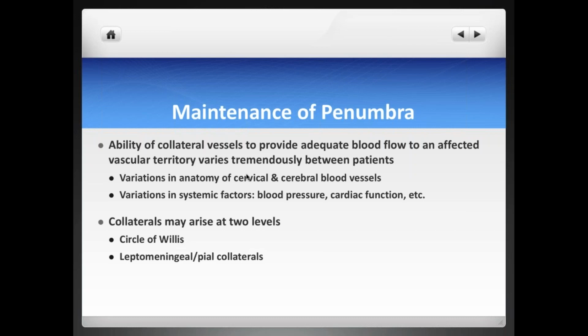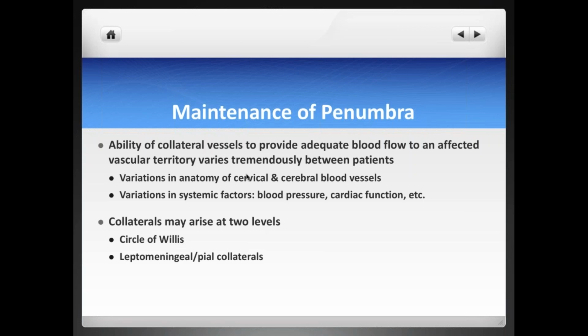It has to do with the individual anatomy. We all have different anatomy. Some of us will have a very well-connected circle of Willis, meaning some people have fetal posterior communicating arteries. Some people don't have any PCOMs at all. So details like that are what's going to determine whether the patient is going to have enough collaterals.